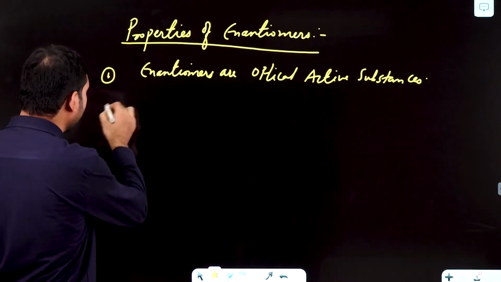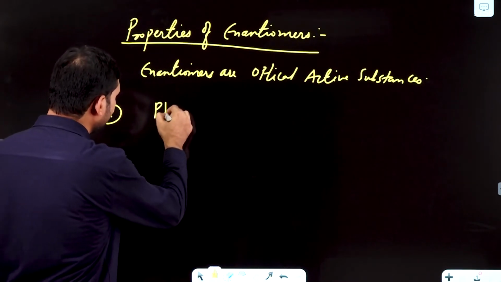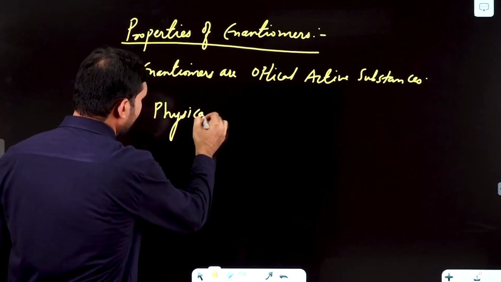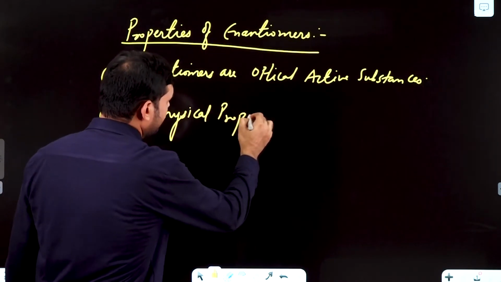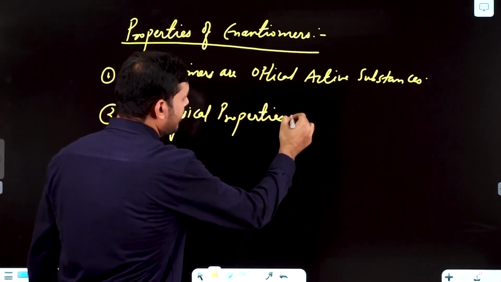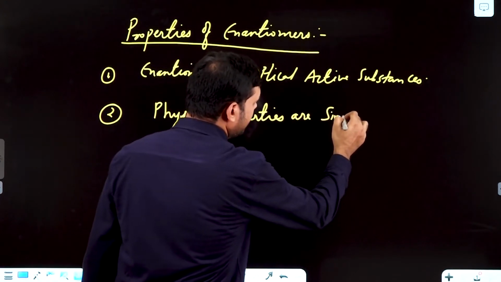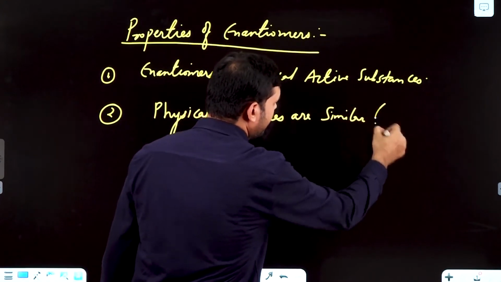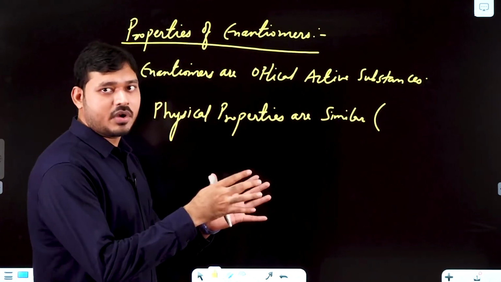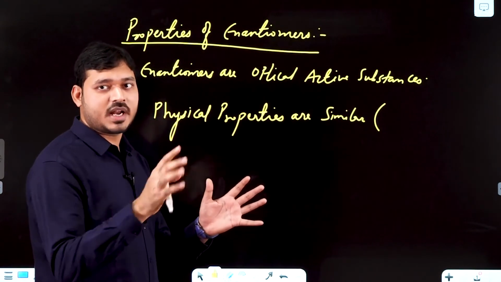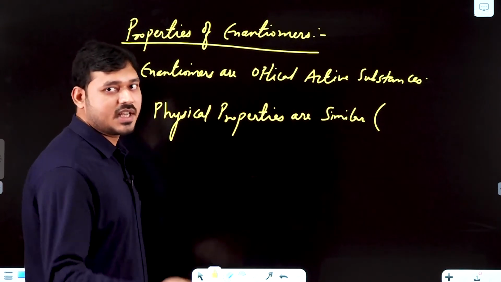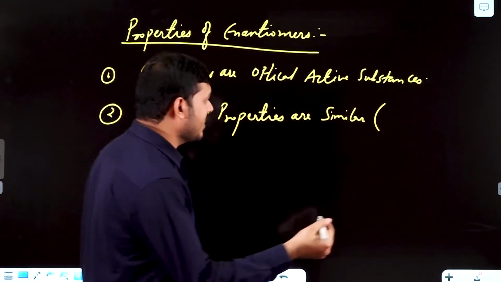Okay, second, physical properties are similar. Means a compound and its mirror image, both optically active, are enantiomers, then their physical properties will be the same. What are the physical properties?